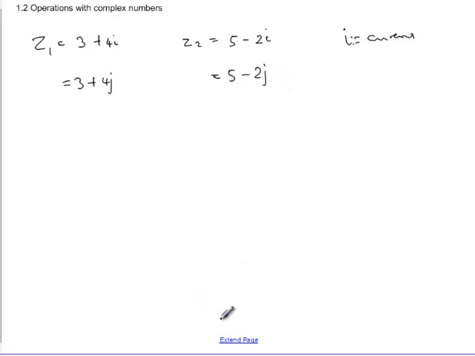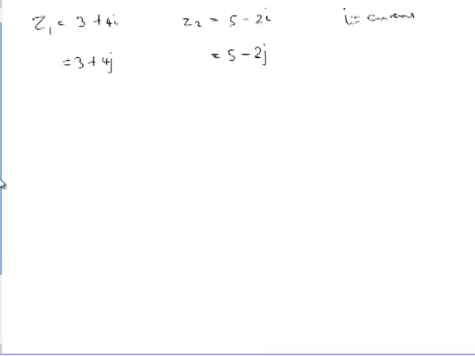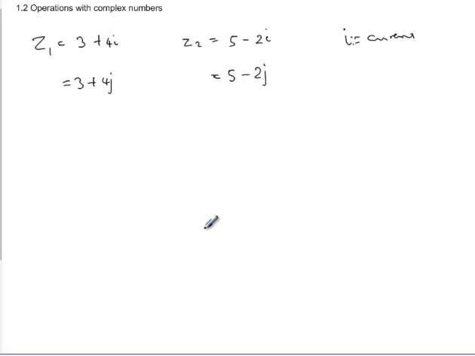So if you go to a book and you find a j, don't really get surprised. And you go to another book, you find an I, just check whether the book is electrical engineering biased. So, gentleman's agreement, j squared equals minus 1. That's a convention we're going to adopt for this course.